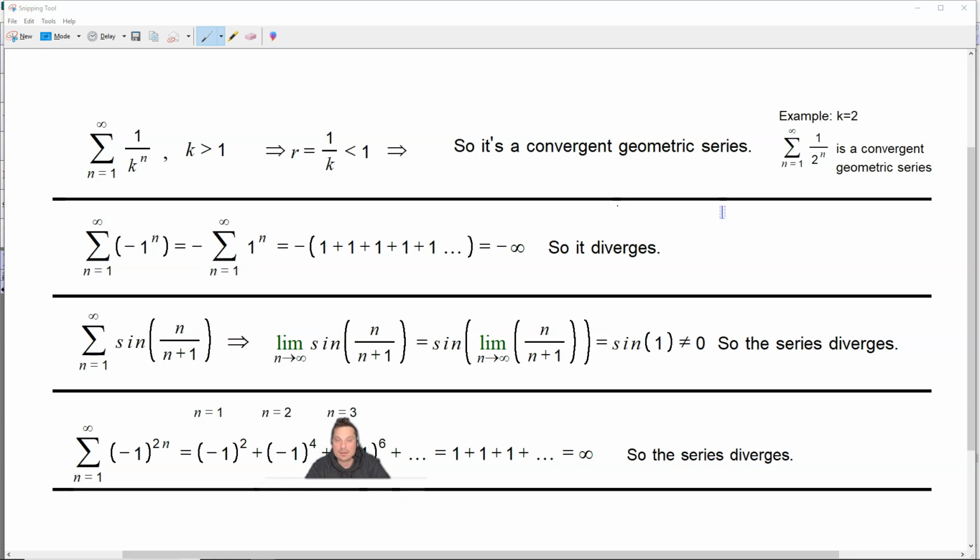When n has the value 3, it's negative 1 raised to the 2 times 3, which is negative 1 to the 6th. Notice that each of these exponents, 2, 4, and 6, is an even number. So negative 1 squared is positive 1. Negative 1 to the 4th is positive 1. Negative 1 to the 6th is positive 1. You can add up infinitely many 1s, and you'll end up, therefore, with infinity. In other words, the series will diverge, naturally enough.